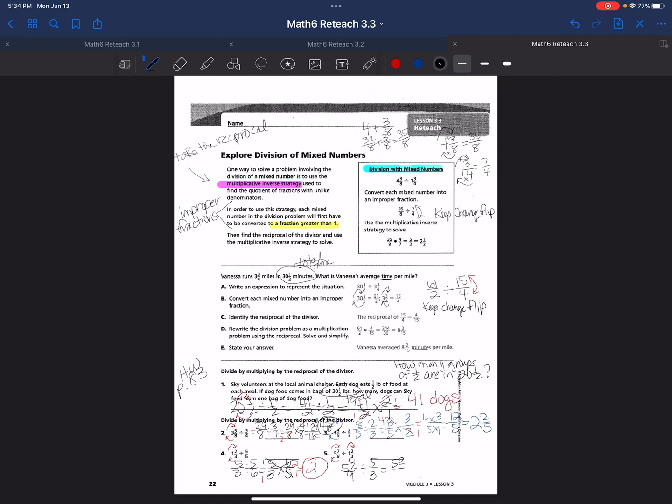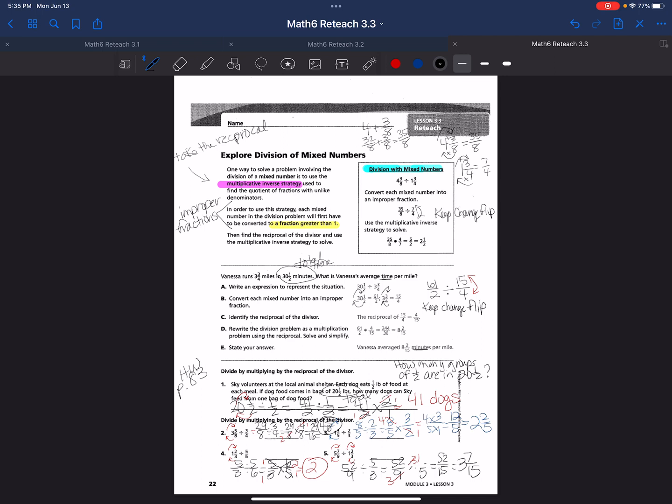Keep, change, flip. 3 goes into both of those. I get 1/3, and then I get over here, I would get 52 over 15, which is 3 7/15.